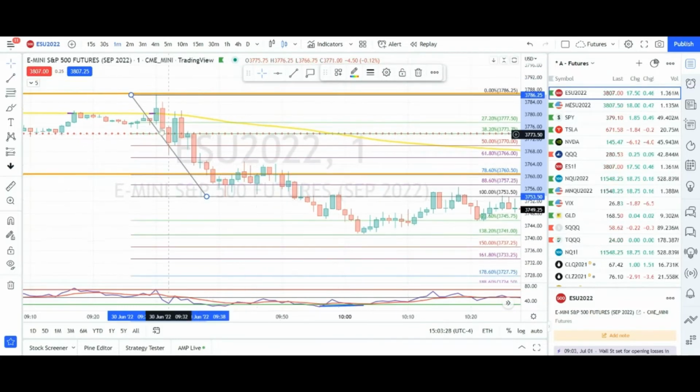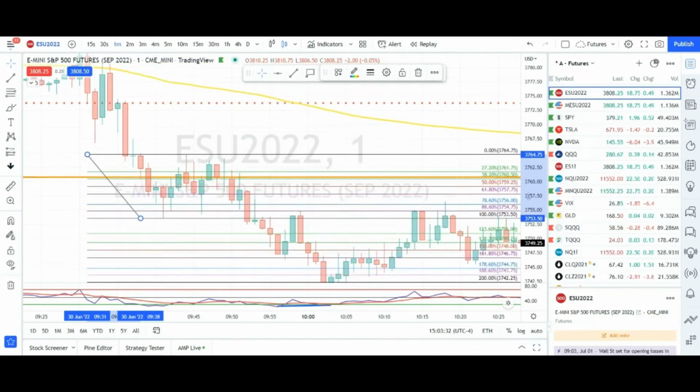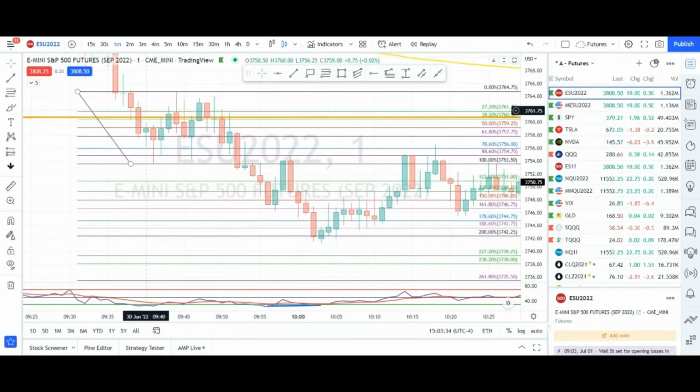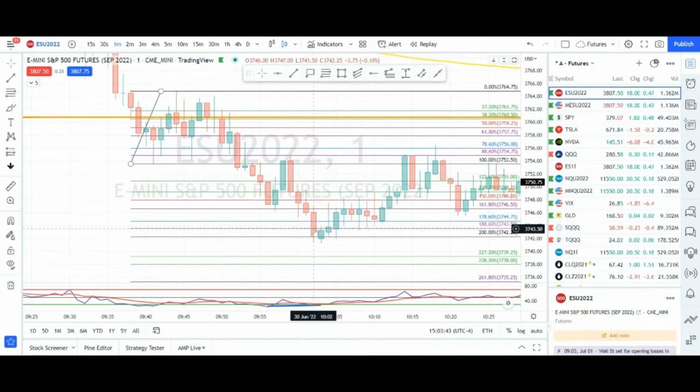Okay, if you want to see how much it came down, it is the same level from here to this. This was the low, this was the high. You can also draw like this. And the price came down, the first target was 161.8, which was achieved, and then it came to 188.6.